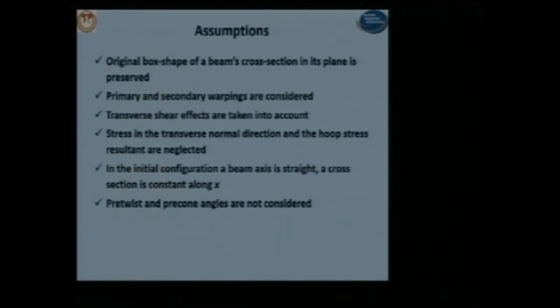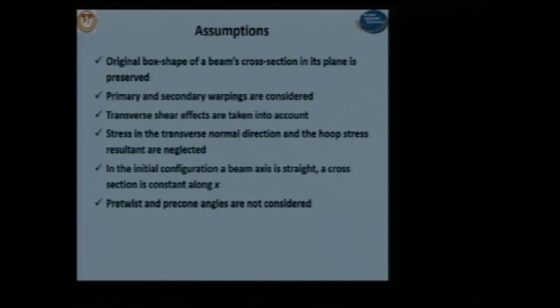Of course, we want to have a very general model, but it is not so easy to derive, and we made some assumptions. The first assumption is that the cross-section of the beam behaves as a solid body. It means that the original box shape is preserved, and there is no change in this direction.